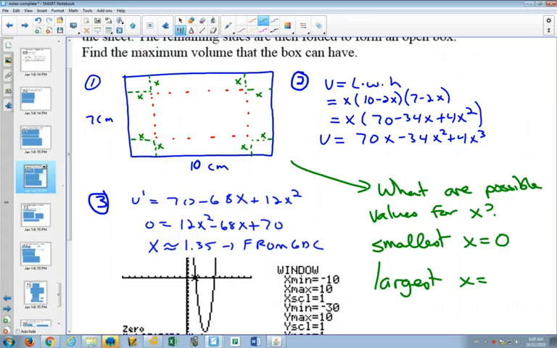Could I make x 50? Does that make sense? Could you cut a square of 50 centimeters out of the corner of that box? No. That would not be reasonable because the box is only 7 by 10. At what point can we not cut a square of size x out? 3.5.